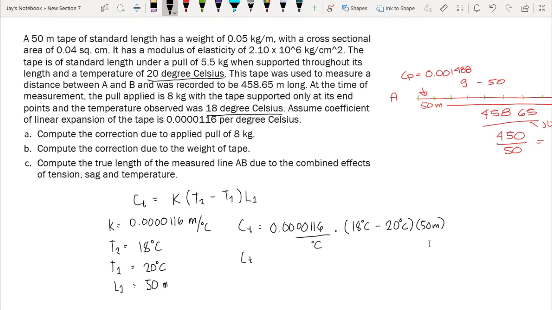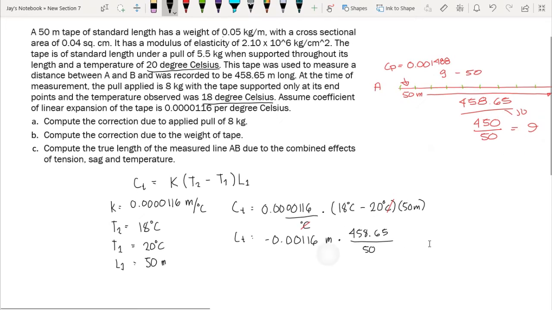So we have Ct is equal to negative 0.00116, and the unit is in meter, since we can cancel degrees Celsius. Now take note, this correction is applied only for every 50 meter length. So we multiply it by 458.65 divided by 50.